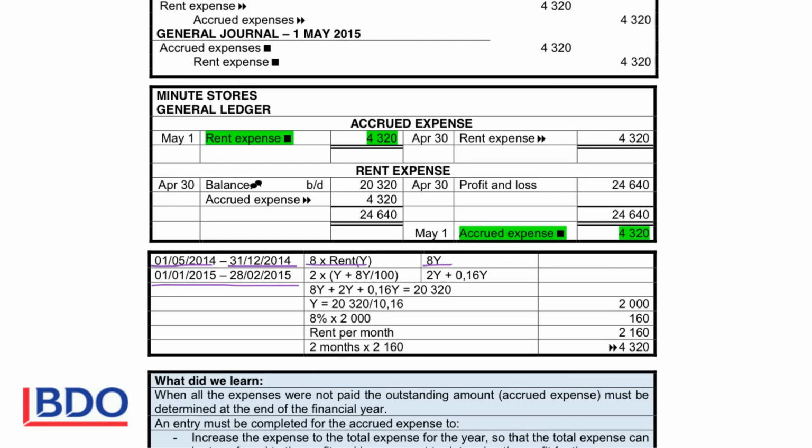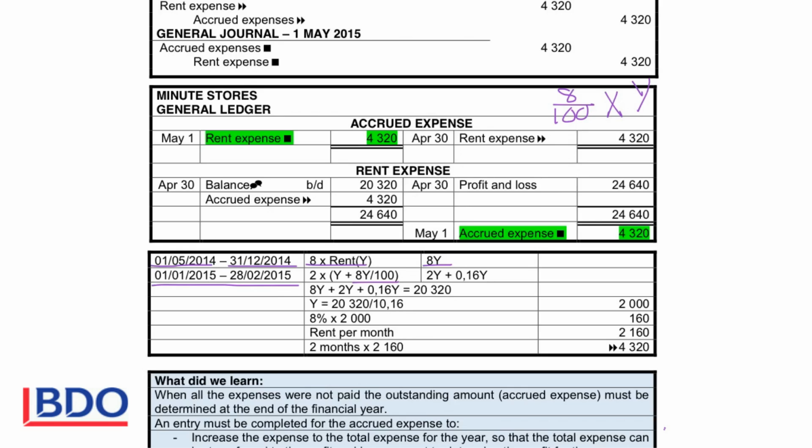8%. Now, normally when we do an increase, we will show 8 over 100 times the amount. We don't know what is the amount, so we say the amount is Y. So 8Y, and at the bottom is 100.